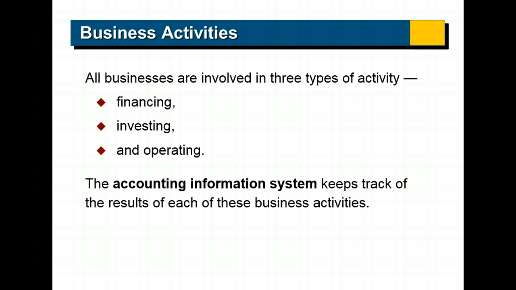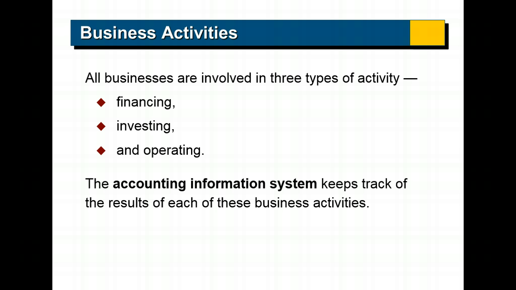Now, so we began by talking about forms of business organizations: sole proprietor, partnerships, corporations. We talked about, in providing financial information, there are different uses for it. Internal users have a different need than external users. Now we're going to talk about various activities that businesses get involved in.